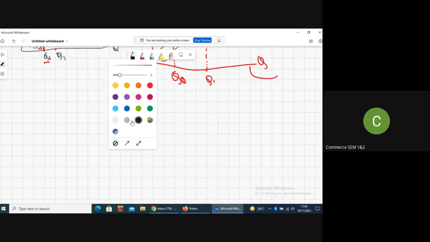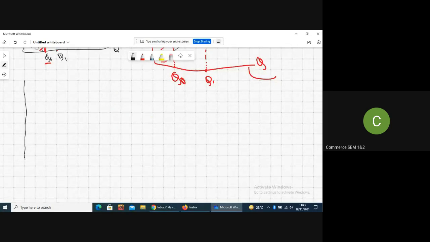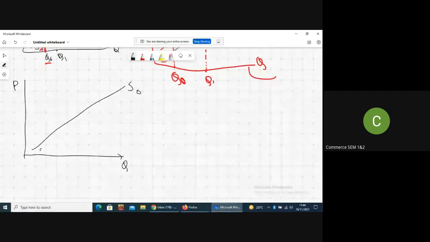Now say, if weather changes, then what will happen to the supply curve? So this is our initial supply curve, S0. This is a supply curve of rice.